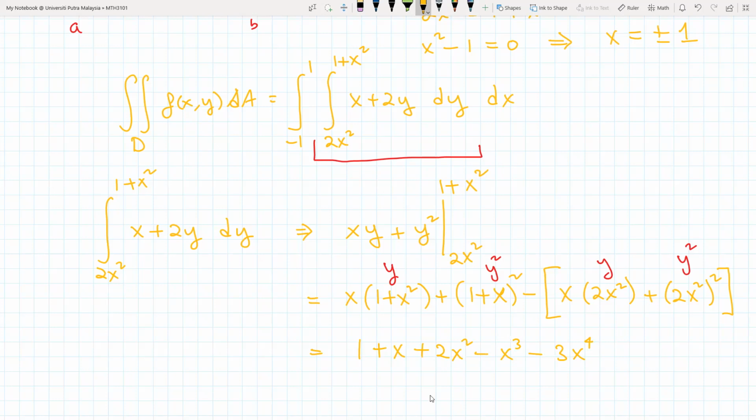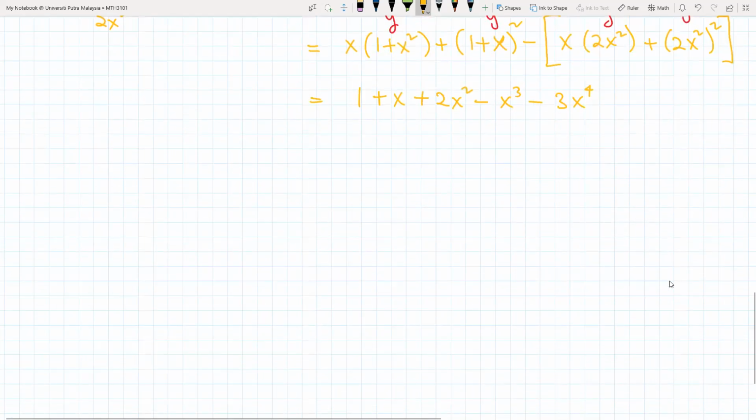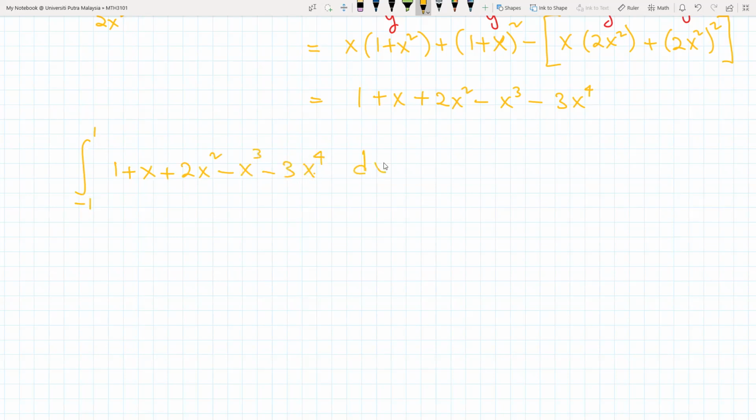Okay, so sebab ini algebra biasa, saya bukan kelas algebra ni. Alright, so yang ni kita yang inner integral. So at the end, just plug in back, integrate from minus 1 to 1, 1 plus x plus 2x squared minus x cube minus 3x to the power of 4 dx.